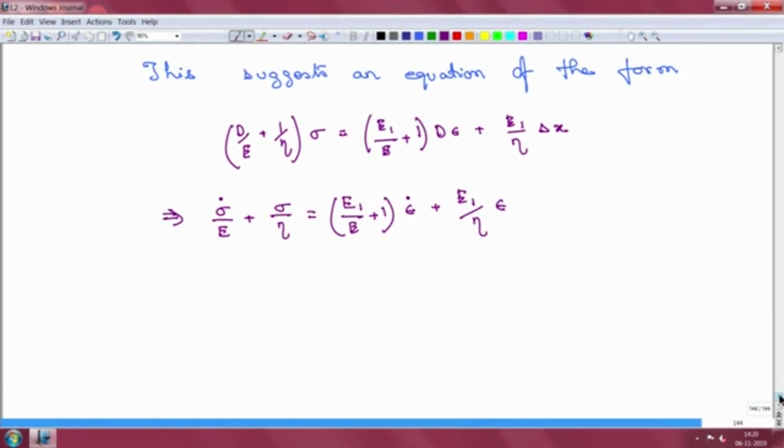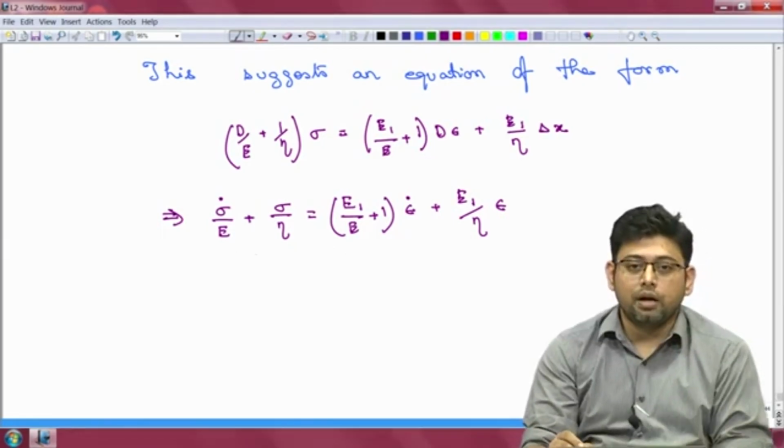Now we again have another first order equation, but it involves derivatives of both stress and the strain in this case. So you can think of this as some simple linear polynomial on this side.